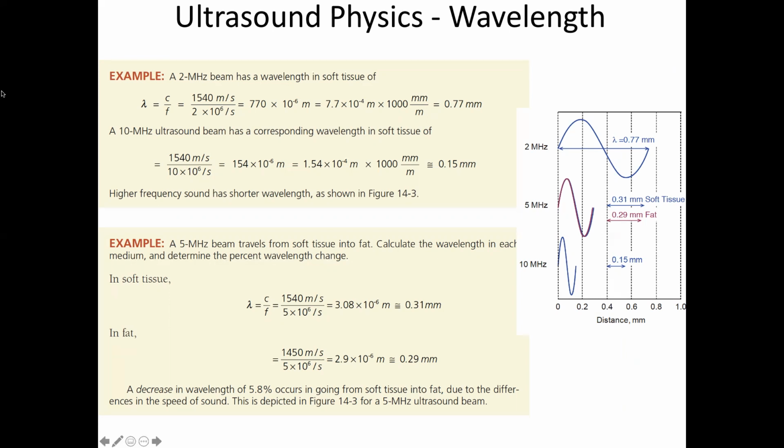So this shows, using that table and the frequency of sound, say a 2 megahertz beam versus a 10 megahertz ultrasound beam. The 2 megahertz beam has a wavelength of about a millimeter. Down here, we're at 1/6 of a millimeter at 10 megahertz.